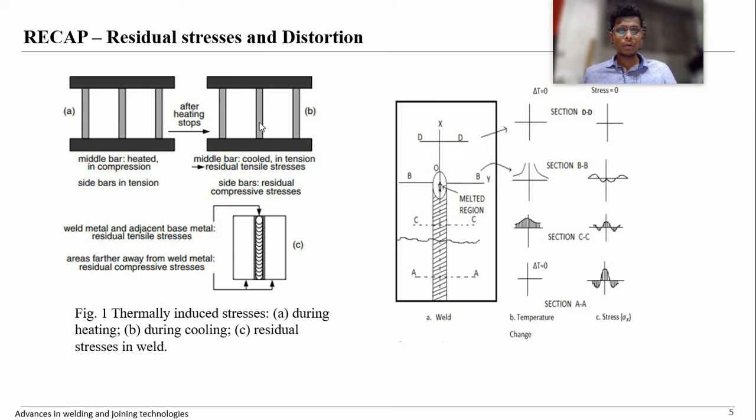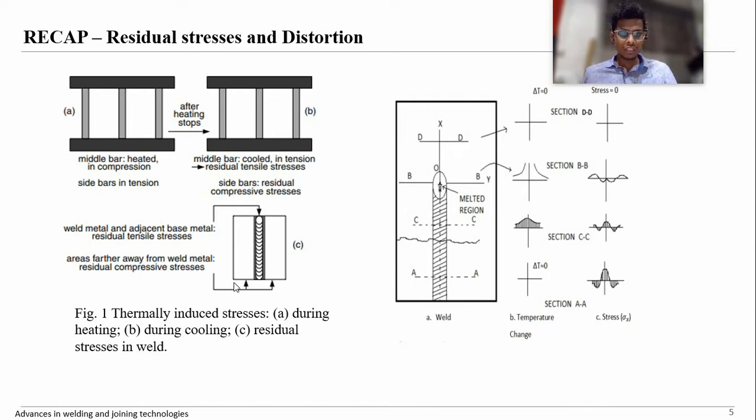But since these three bars are rigidly fixed, the other bars won't allow it to contract. So because of this three bar arrangement, there will be tensile stress in the middle bar, and to balance that, compressive stress will be generated in the other two bars.